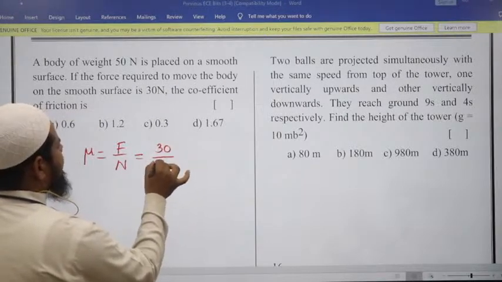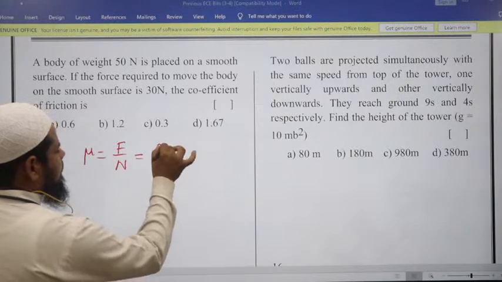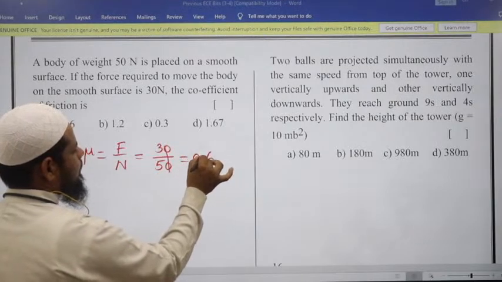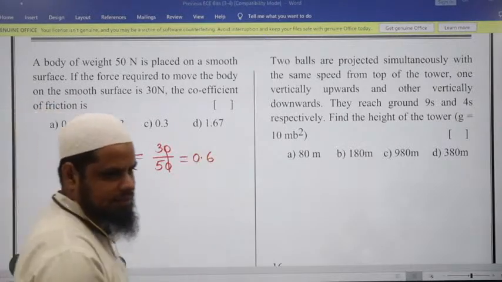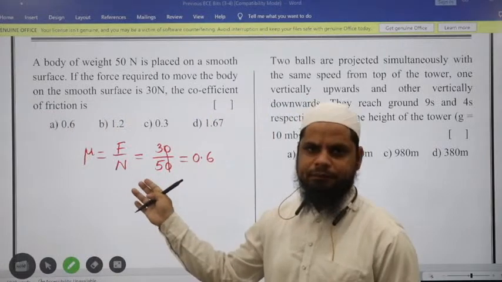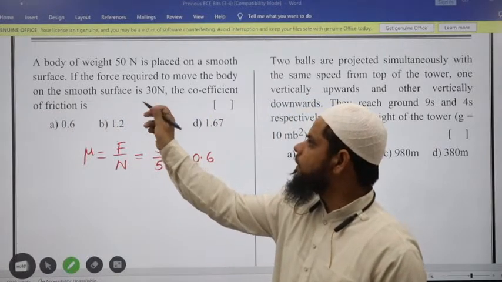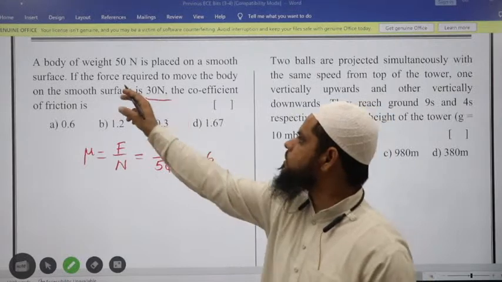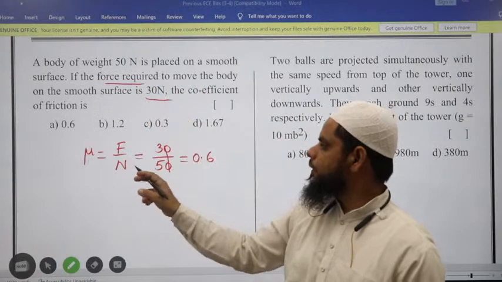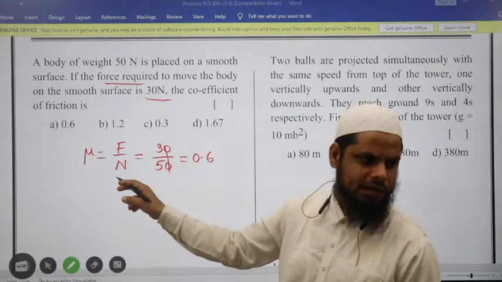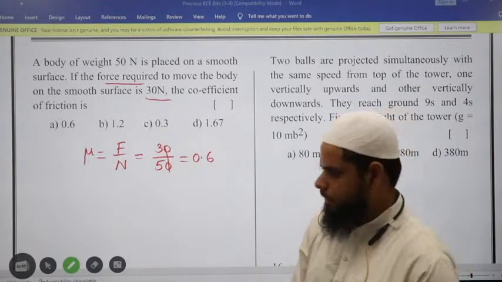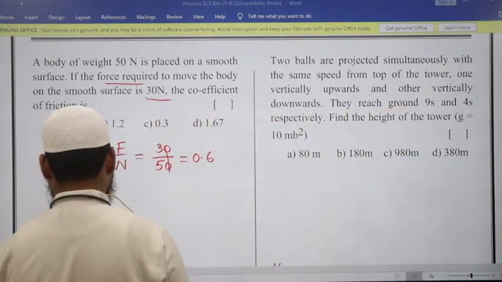N is the weight of the body, 50 newtons. 0.6 is the answer. Mu is equal to F by N. F he has given as 30 newtons, the force required to move the body. N is nothing but mg, so that is 50. So mu is equal to 0.6. Are you clear? Fine.